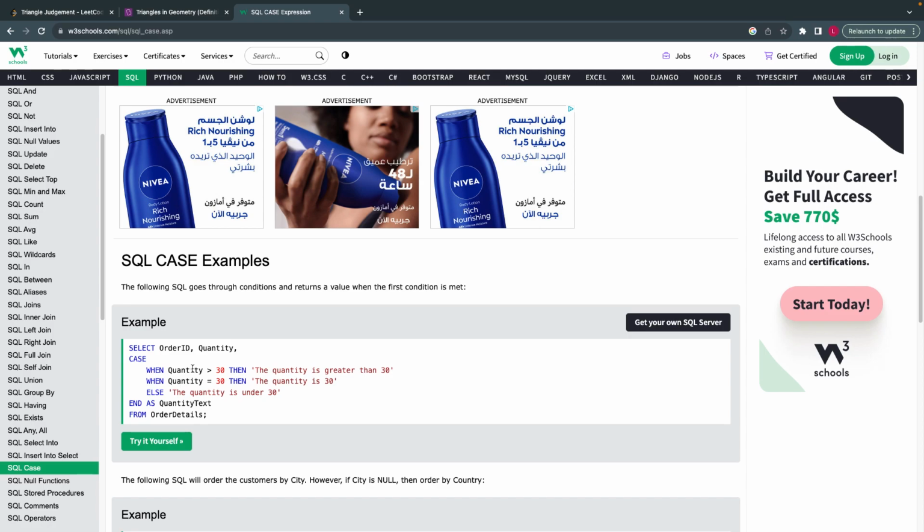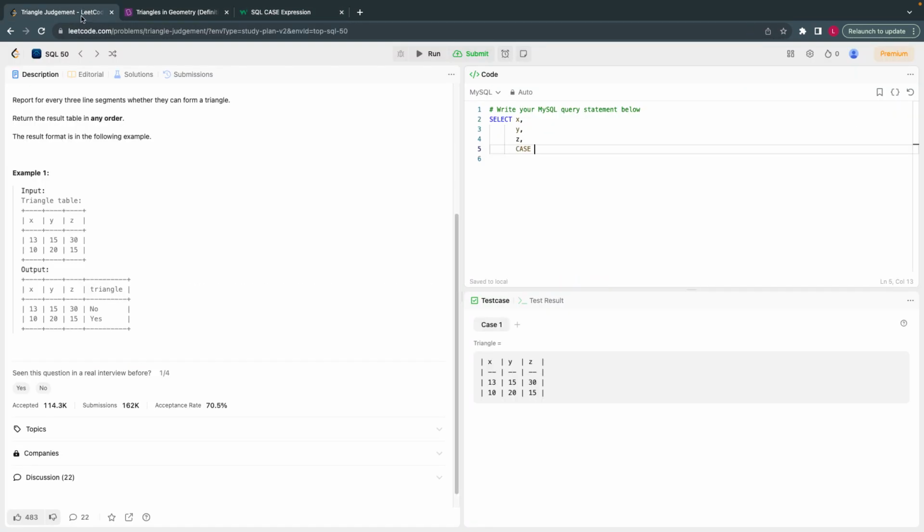So what I'll do is write the case statement, and follow the same: case when x plus y greater than z. This is one condition, right?